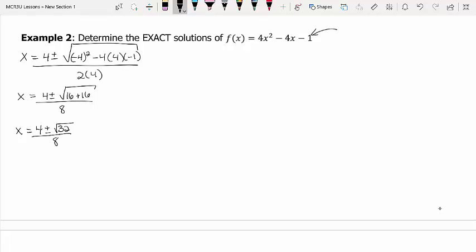Okay, so because we have to use exact solutions, let's simplify this radical. So root 32 can be divided into root 16 and root 2. And 16 is a perfect square, so that'll be easy to simplify.